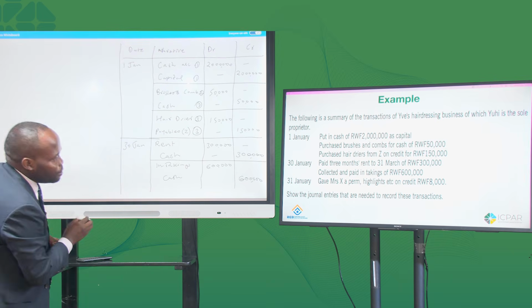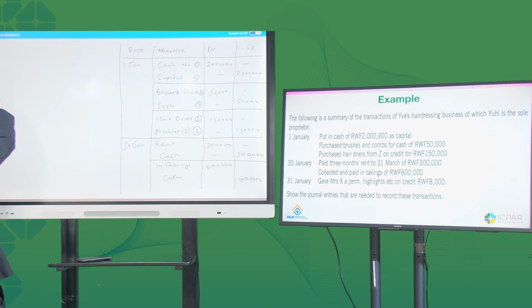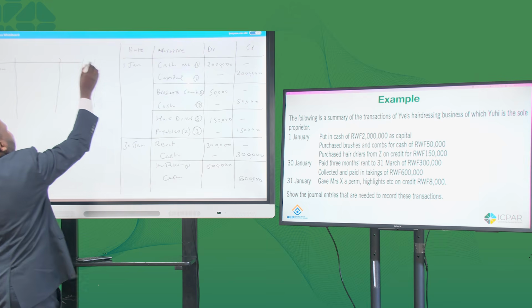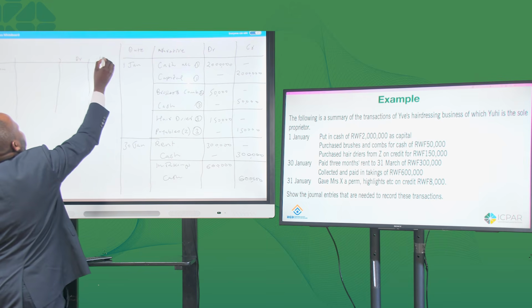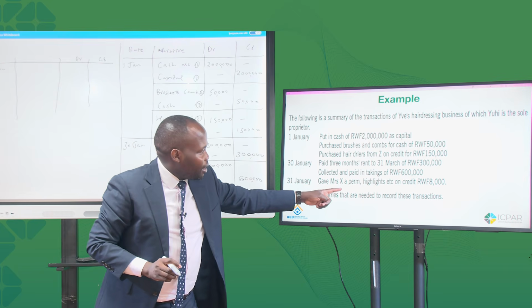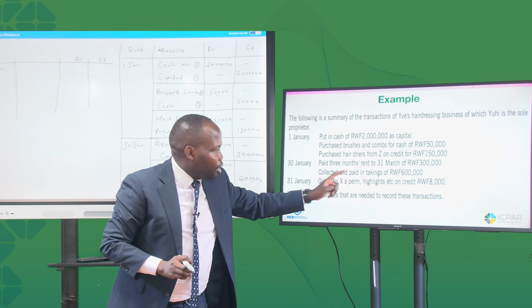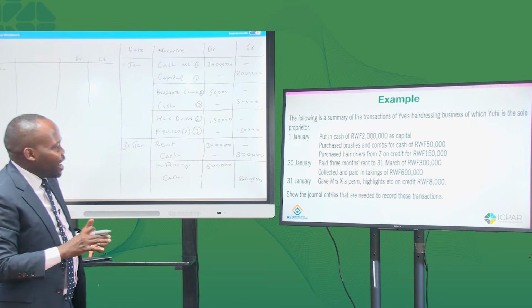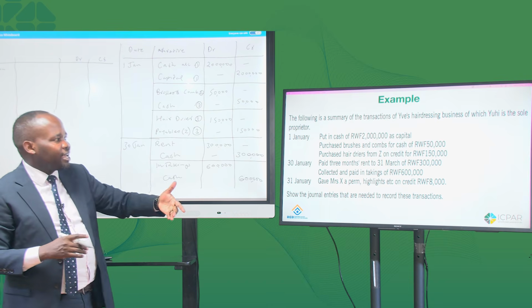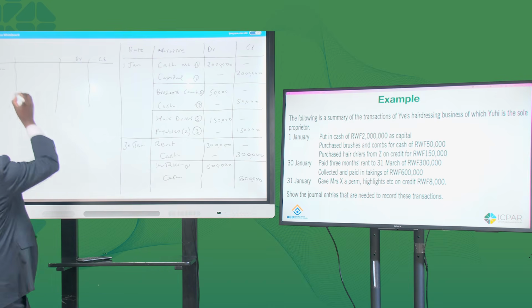And then you repeat the same process for 31st. 31st, which month? January. We are winding up on that. So on 31st January, we have our debit and we have our credit. Gave Mr. X a perm, highlights, etc. on credit. So he is now a receivable, because you gave him something on credit.